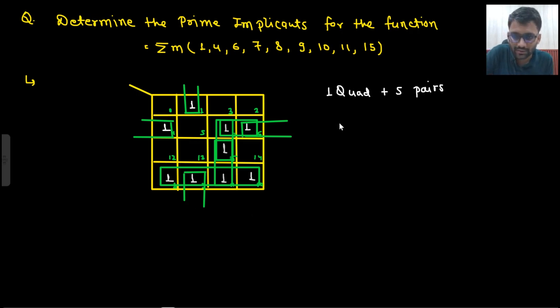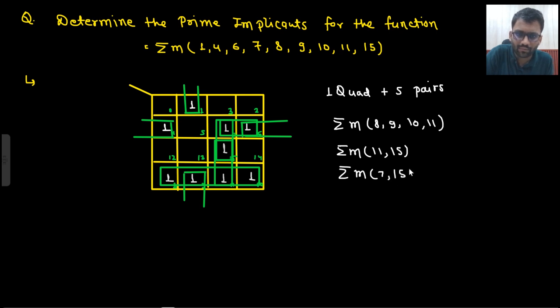Let's write down the numbers. 8, 9, 10, 11. Then 11, 15. Then 7, 15. Then 7, 6, 7. 3, 6, 7.